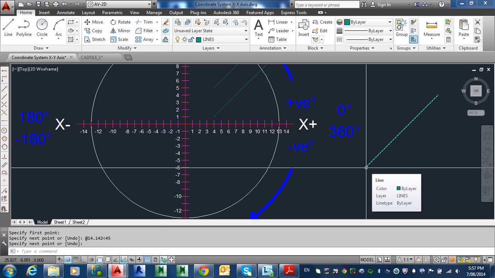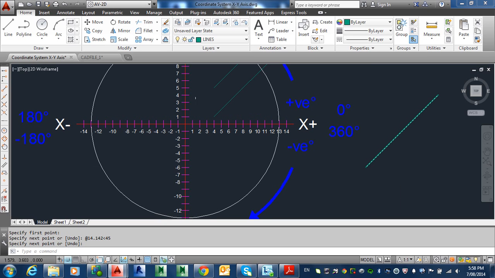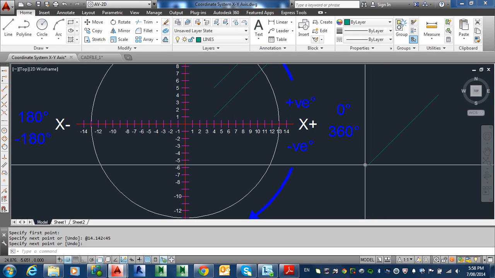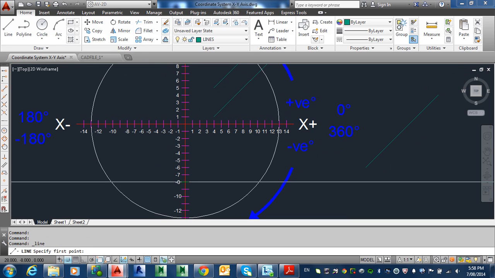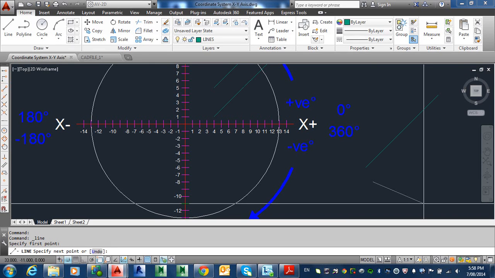So every time you click somewhere, imagine that you're picking up this little circle here and moving it into that point there. That's how you can work out which quadrant you're in and whether you're going minus or positive angles. Now, if I was to do another example, if I went here and I'll go at 14.142 at the angle of 335, is it?